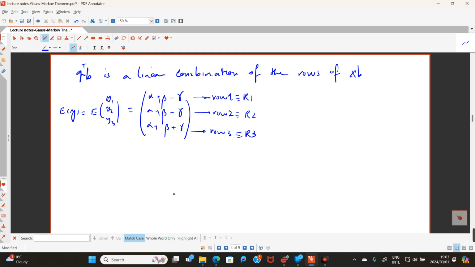If you add row 1 and row 2, or row 1 and row 3, the condition is satisfied. So let's look at the structure: Q prime B and then T prime XB. Once again, Q prime B is a linear combination of the rows. If I can show that, then it shows that it is an estimable function.